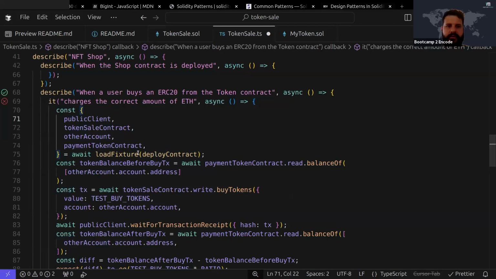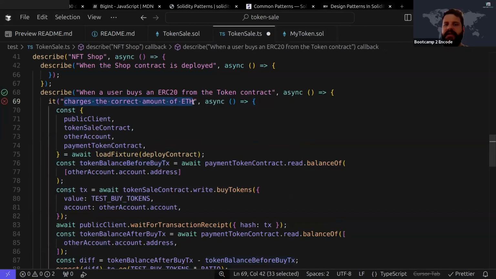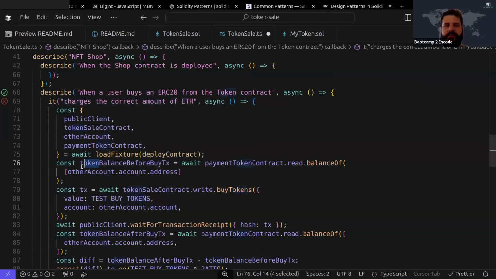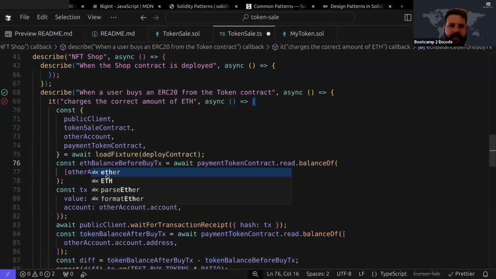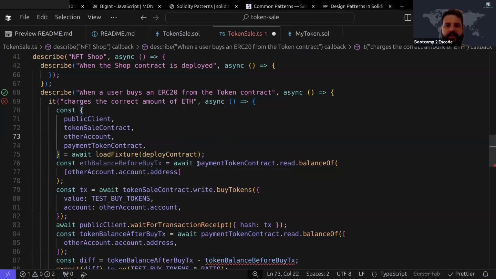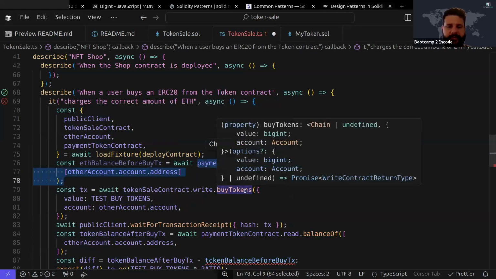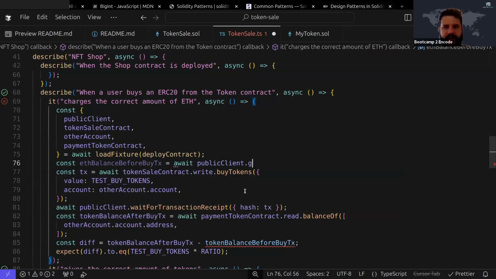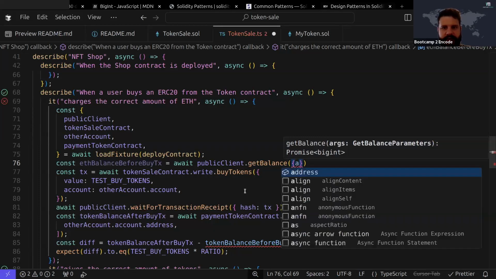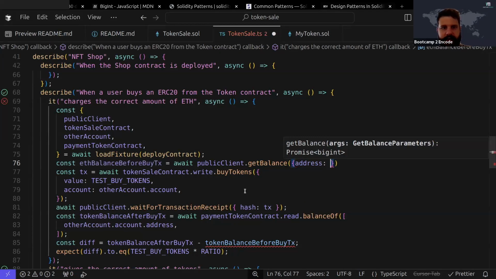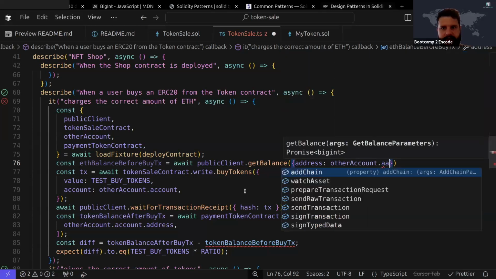So the token balance before buy transaction, I need to actually check for my ETH balance, right? So my ETH balance before buy transaction is going to be asking the public client getBalance. Okay. And then the address is going to be the other account dot address.